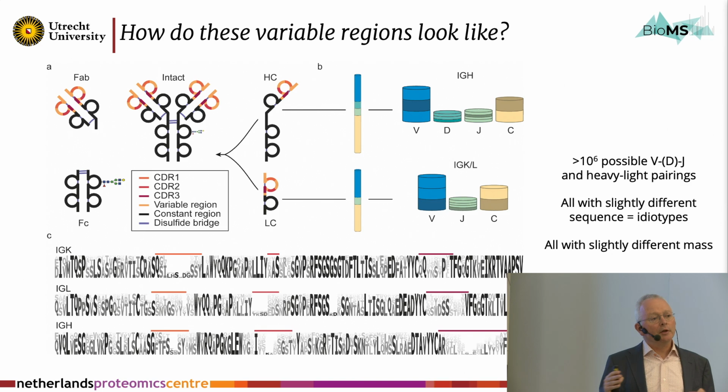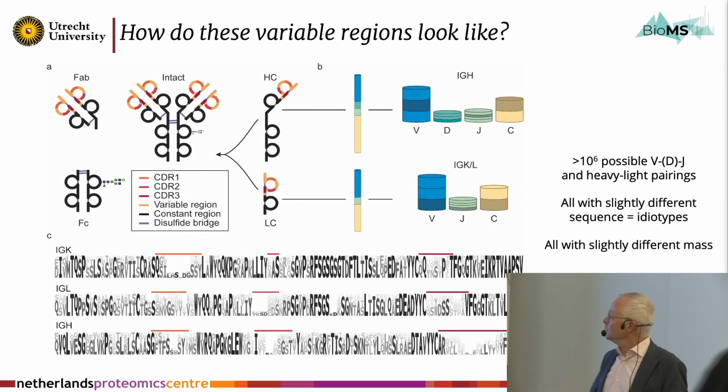And these hypervariable regions are really essential because they form the recognizing part that can act against the pathogen. So the specificity of the antibody comes completely from having different sequences in these variable parts. So it's very important to know these variable parts, while it's not so important to know the rest, because we know the rest already.